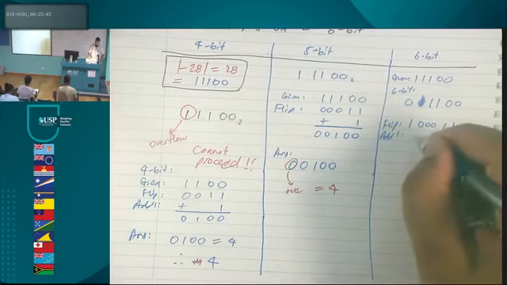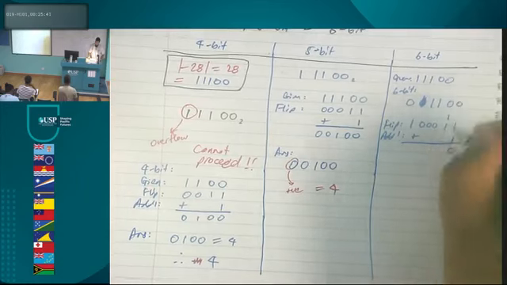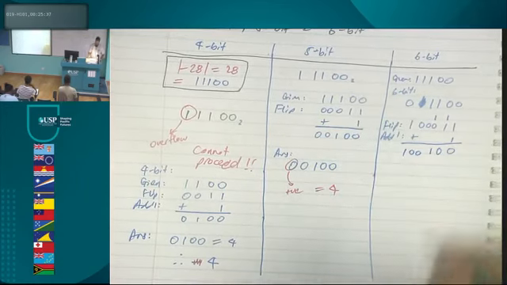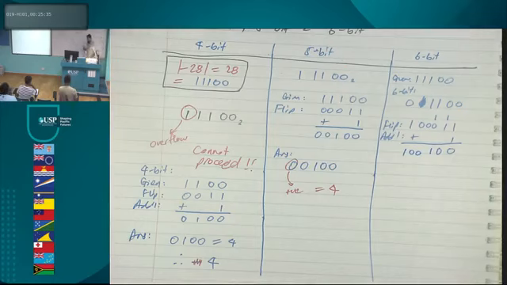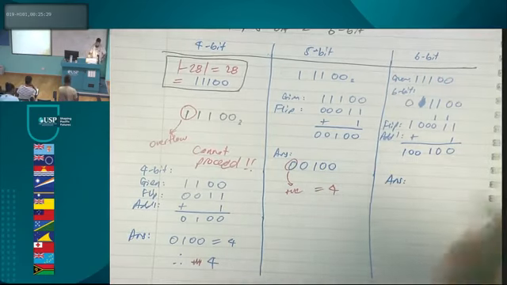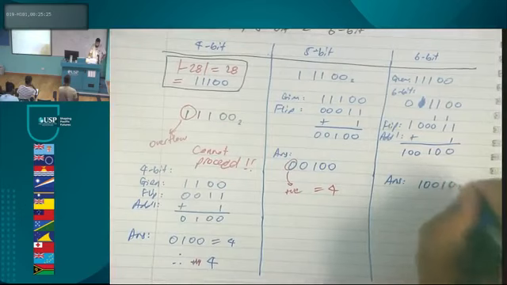We add 1, 0, 0, 100. Hey, that's starting to look good now. So our answer in this case, so possible answer, we should write possible answer, is 100, 100.